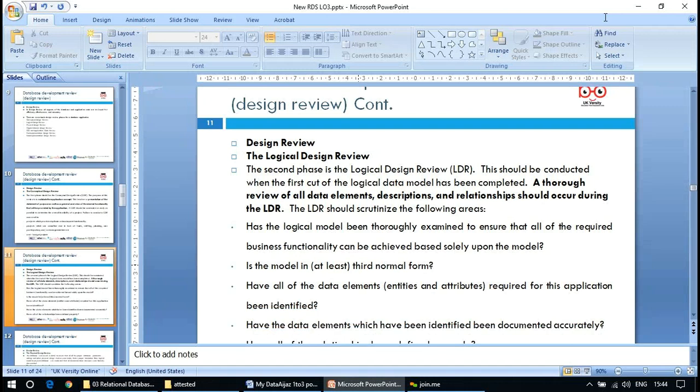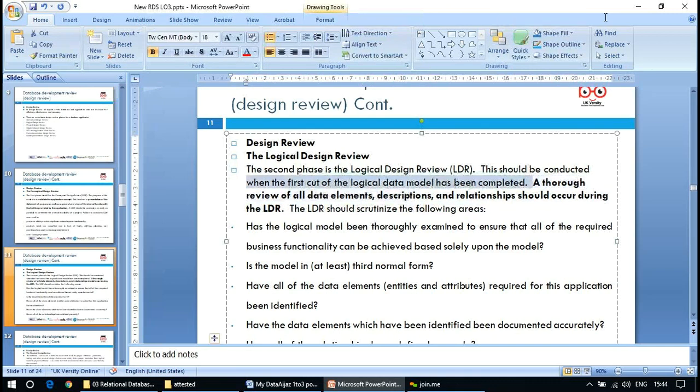Then logical design review. A thorough review of all data elements, descriptions, and relationships should occur during the logical design review. You may look at the bold text I am reading. So logically you look at a thorough review of what elements you have, descriptions you have, and relationships you see.